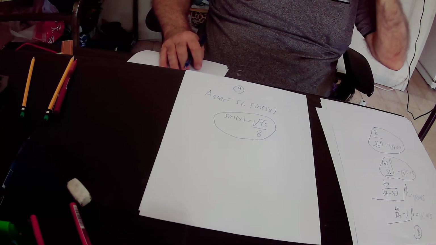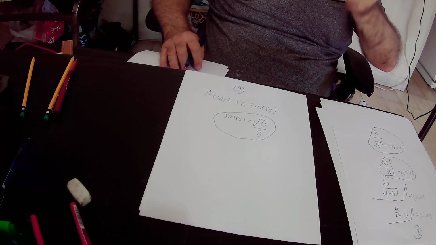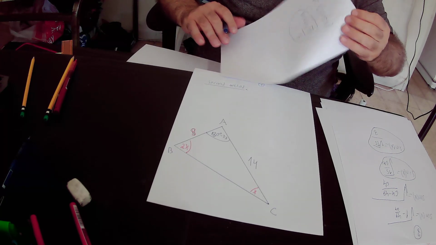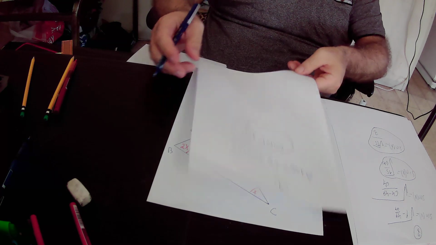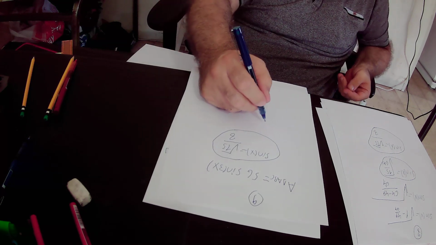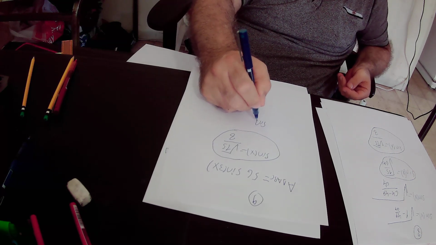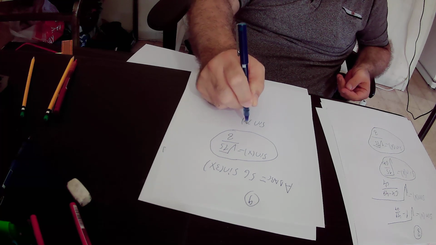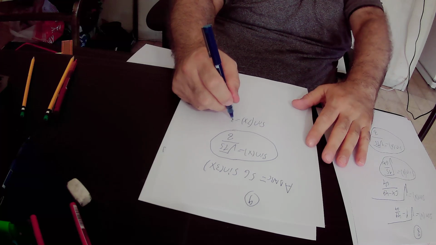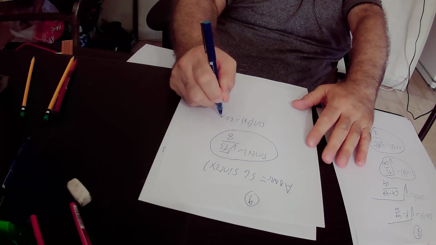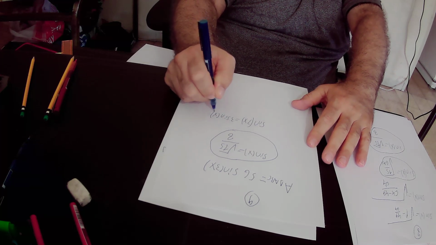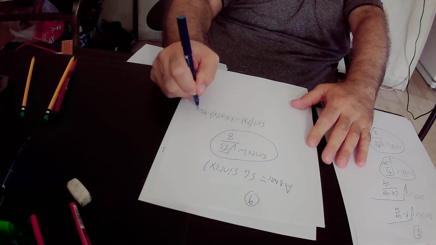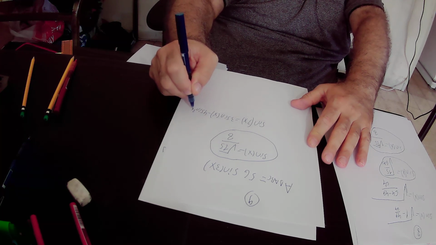Actually, it is the fourth trigonometric identity that states that the value of sine 3x equals 3 sine x minus 4 sine cube x.